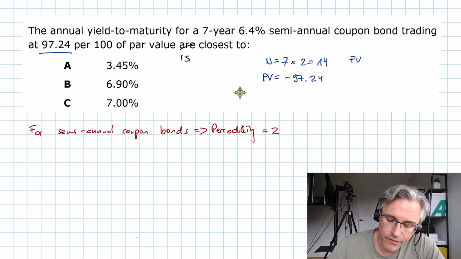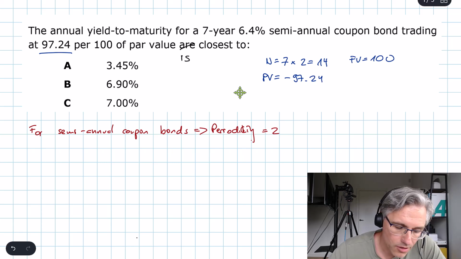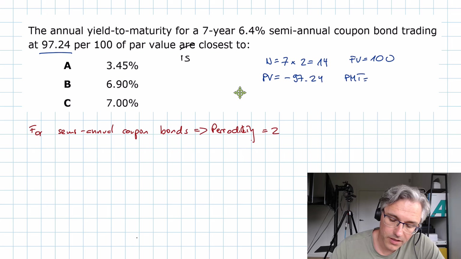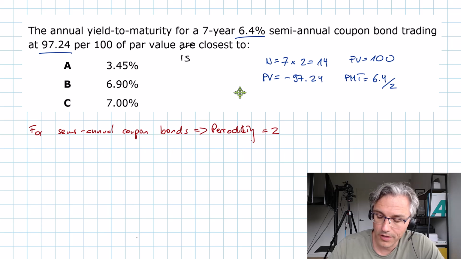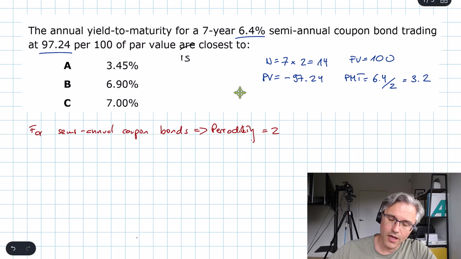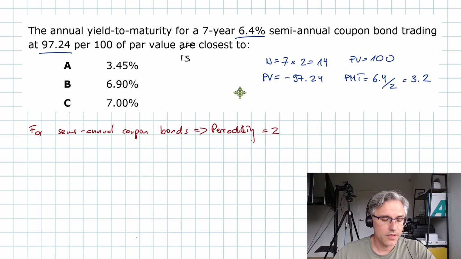Now for FV, we're going to have a nice and simple 100, and then make sure you get the coupon input right, the PMT input, because they tell you it's 6.4, but you need to divide that by 2. 6.4 divided by 2 is going to give 3.2. Once again, everything has to be in line with the assumption of working on a semi-annual basis.